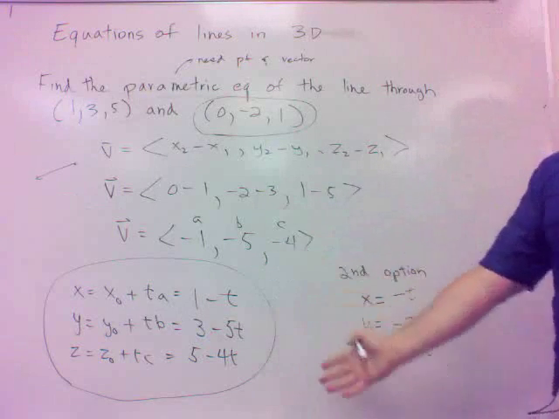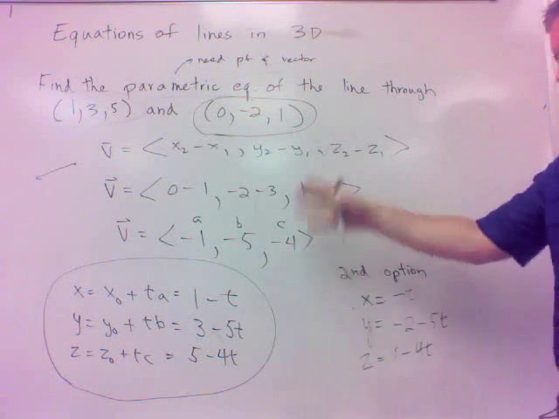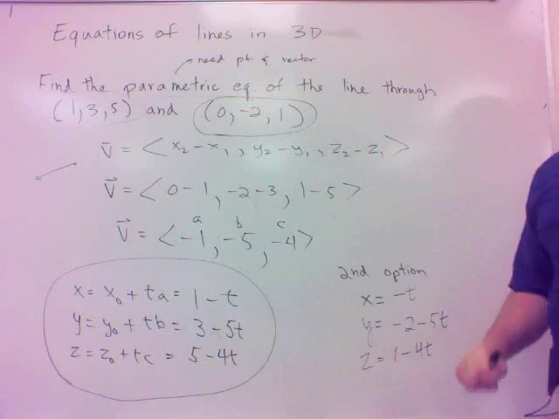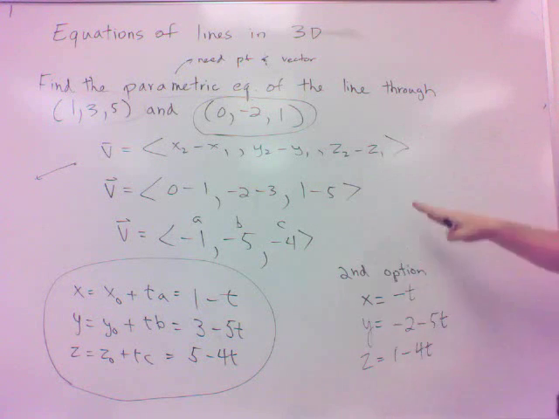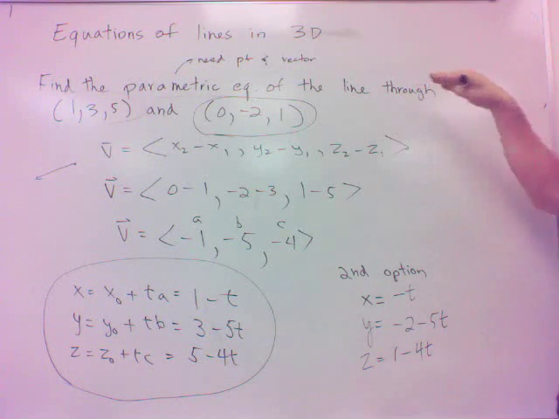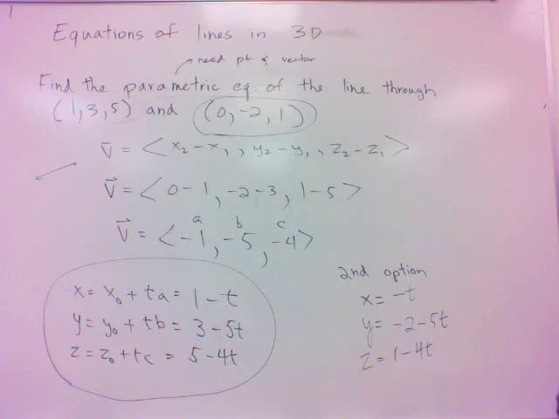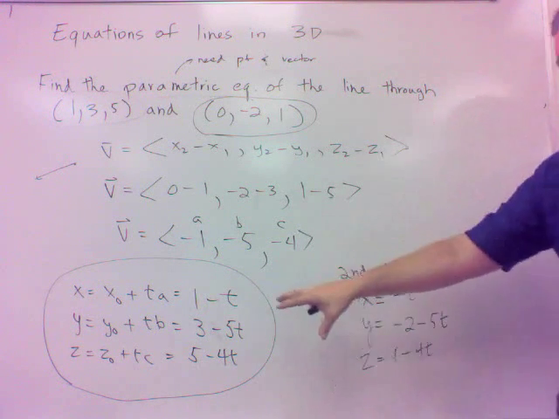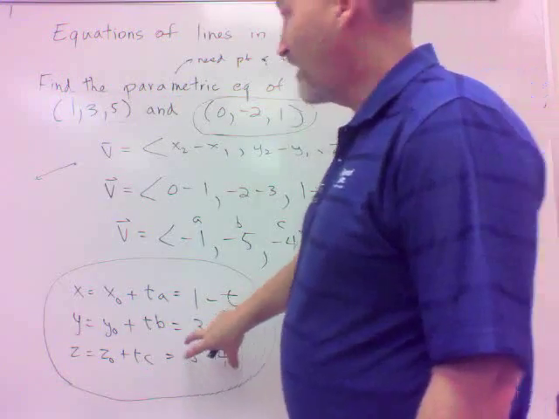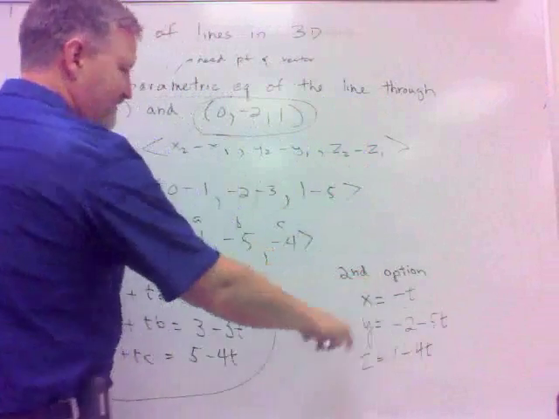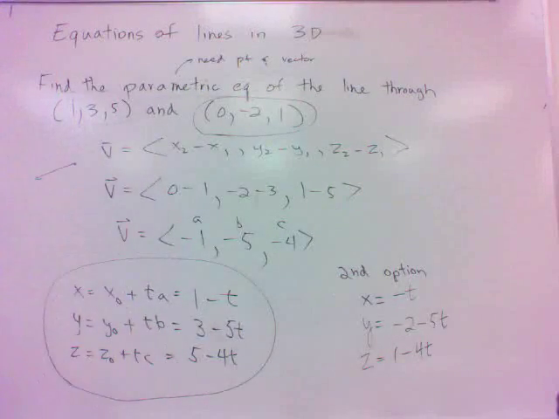It would be different parametric equations, but it would be the same points ultimately. Okay. So this is one option for the parametric equation. This is another. There are others. It's not unique.